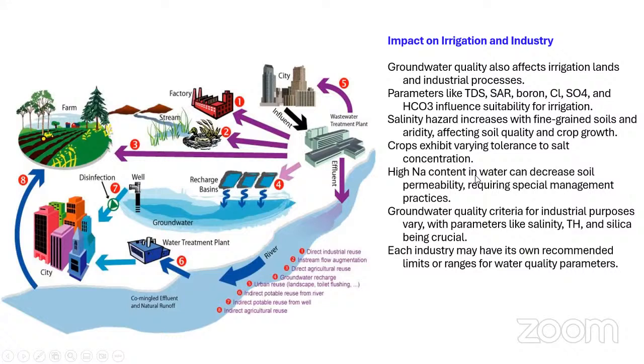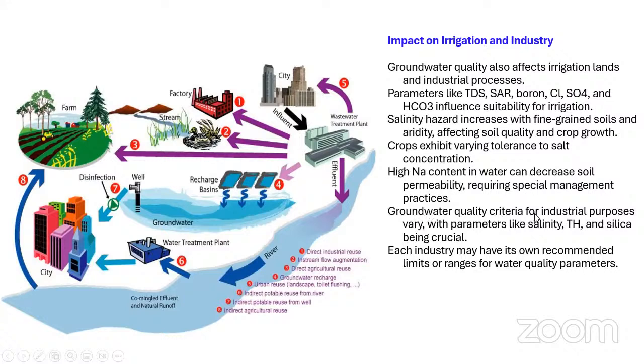High sodium content in water can decrease soil permeability, requiring special management practices. So high sodium, TDS, SAR, and boron, chloride, sulfate may affect the irrigation suitability of groundwater.